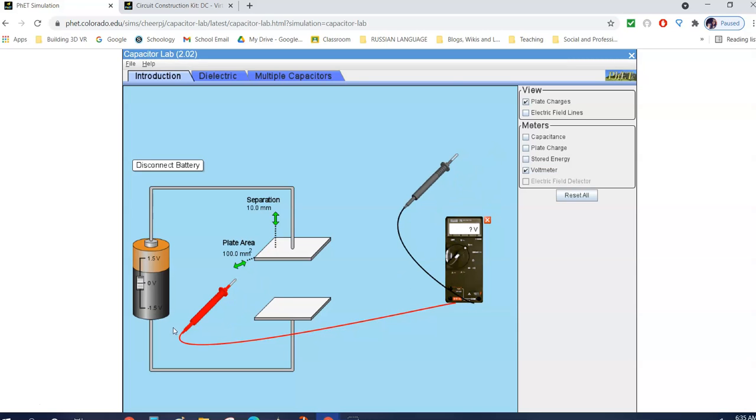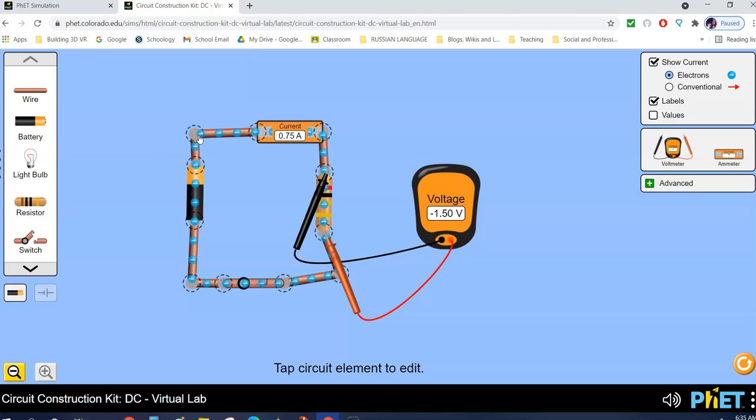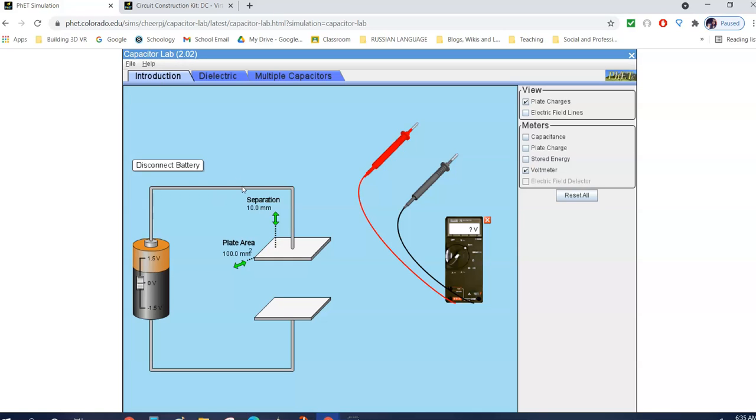Okay, so I'm going to increase the voltage of the battery. I'm going to take it up a little bit and watch what happens. It's not going to show the electron flow like so, but it will show flow in terms of an arrow.